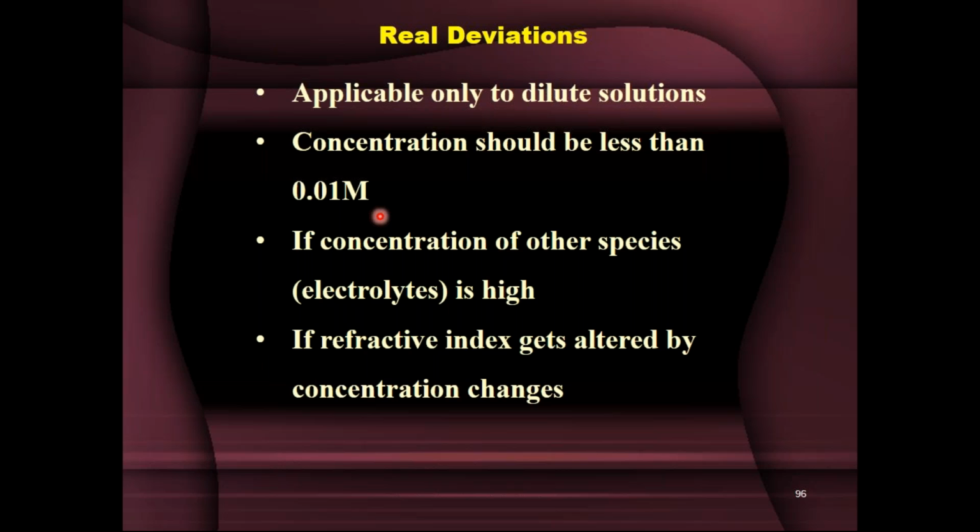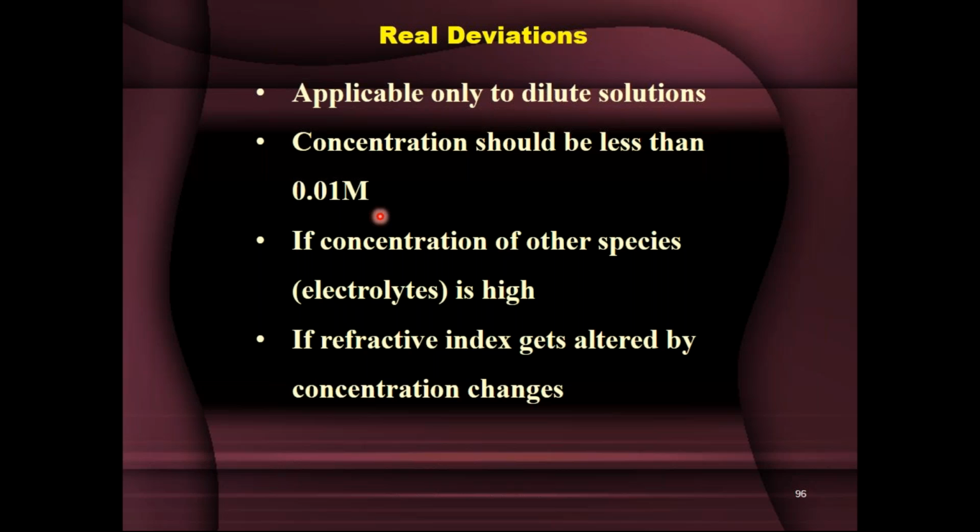Another instance is, in some cases, when the concentration is increased, there's a lot of change in the solution. Maybe it becomes very viscous, but ultimately it may affect the refractive index of the solution. If refractive index gets altered by concentration changes, then it will directly have an impact on the molar absorptivity. If molar absorptivity changes with concentration, then there is a problem in Beer's law, because as I said, A equals epsilon BC, and epsilon and B are supposed to be constants.